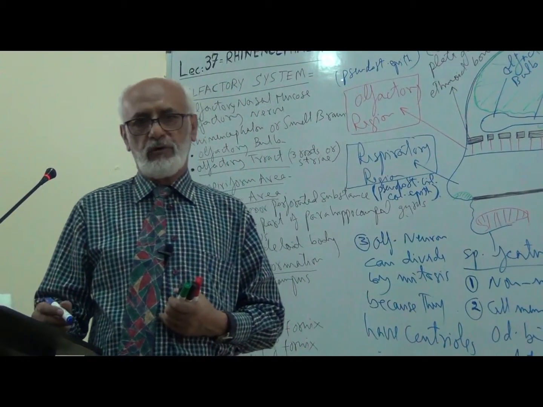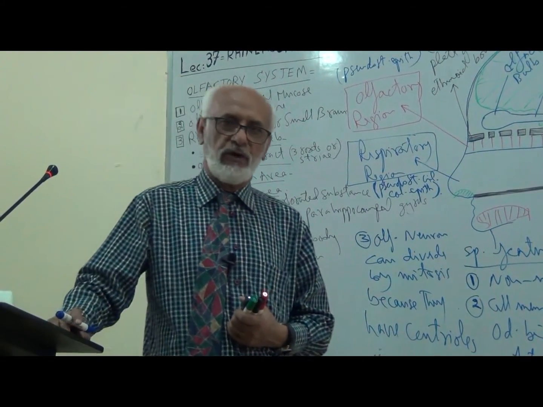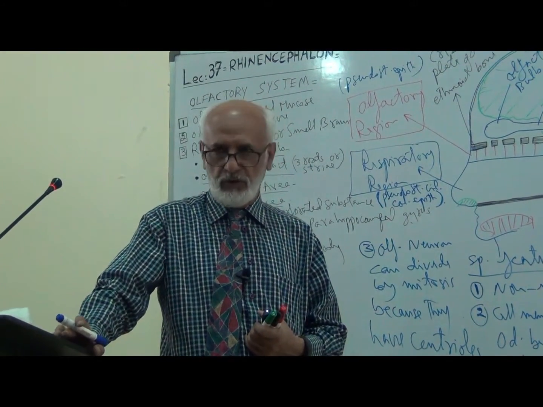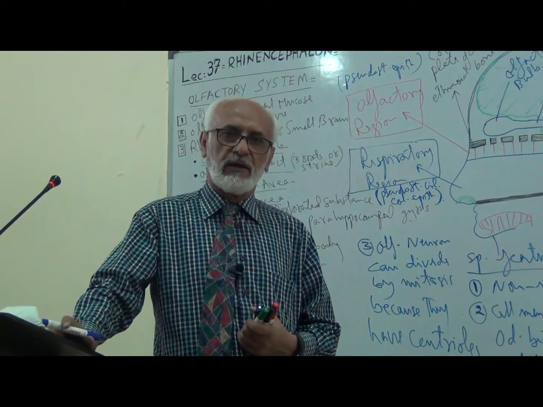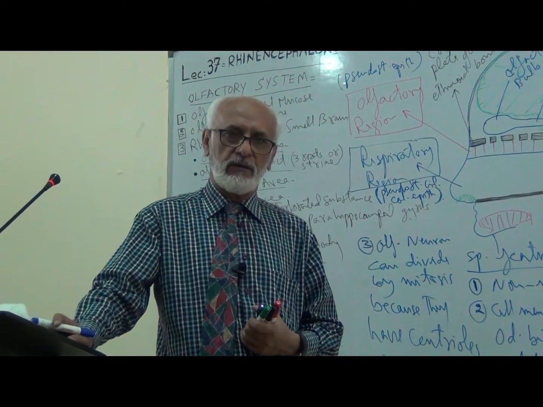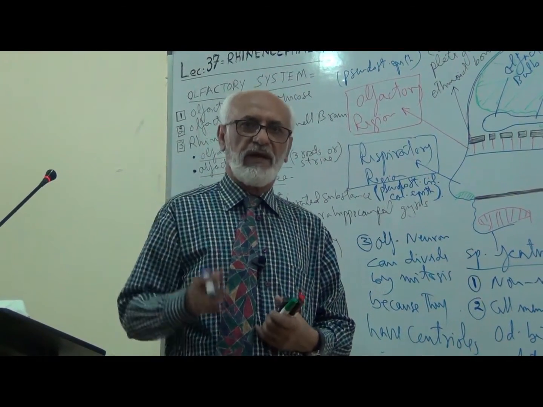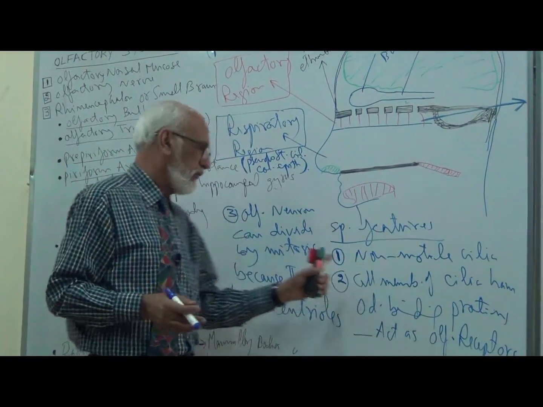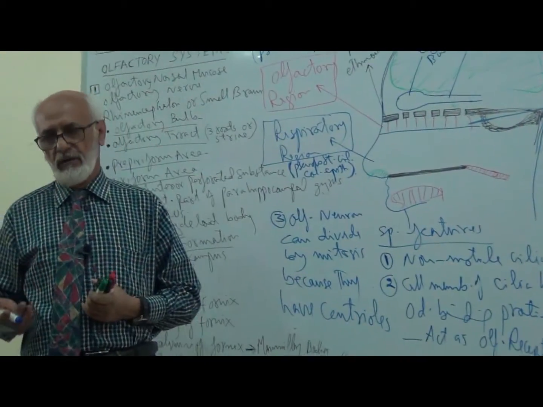The mature neurons do not have centrioles. So once a neuron becomes mature, its centrioles disappear, then it cannot replicate, it cannot undergo mitosis. With one exception, it is only the mature olfactory neurons which can divide.